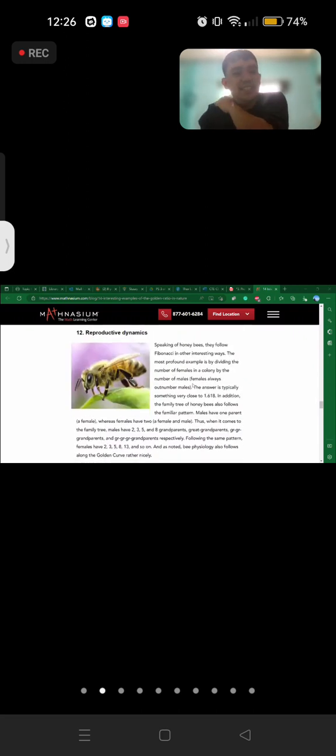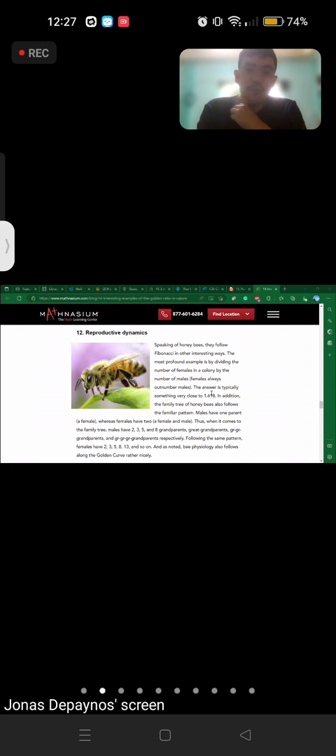For example, in honeybees, there are more females than males, and if you divide the number of females by the number of males, the answer is approximately 1.6. Females always outnumber males because the only job of the males is to copulate with the queen.